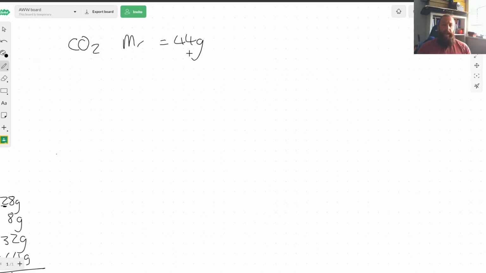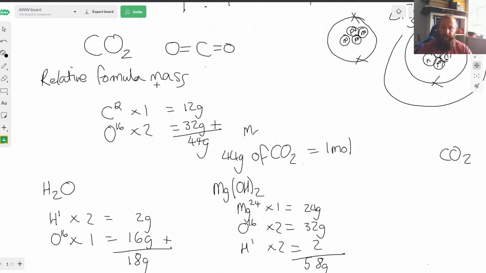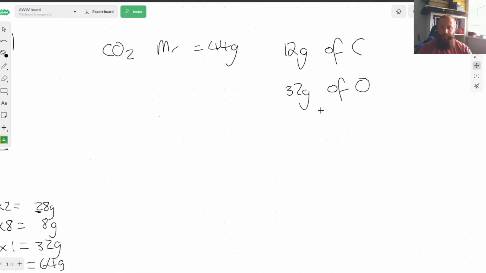I'm not going to go through that again because you've got it in the notes a little bit further over. Now, if I was to break the carbon dioxide up, we know that we would end up with 12 grams of carbon, and we would end up with 32 grams of oxygen. Because we said over here, up here, that we've got 32 grams of oxygen, 12 grams of carbon.